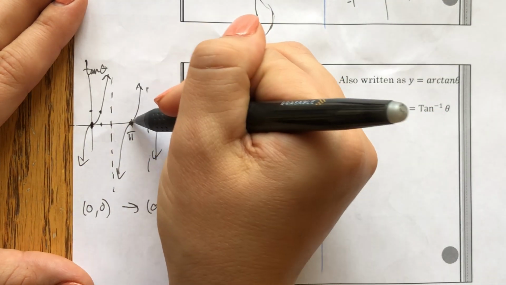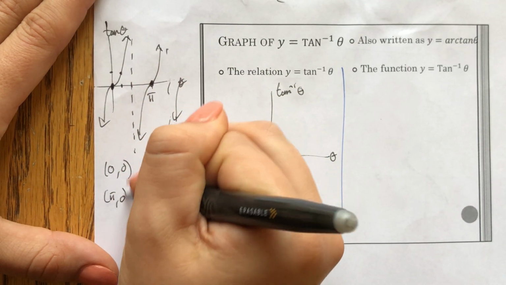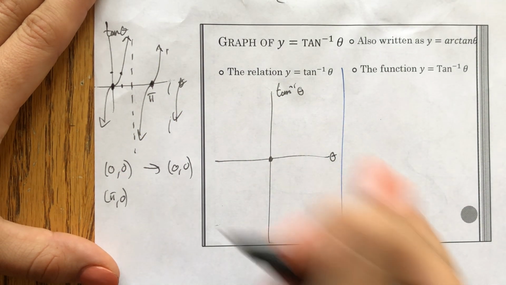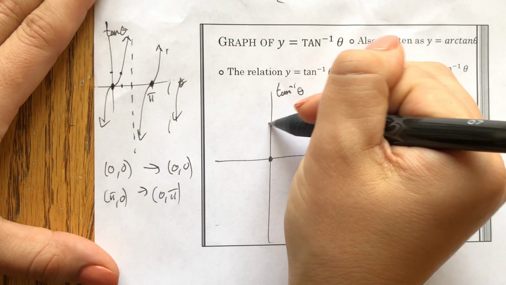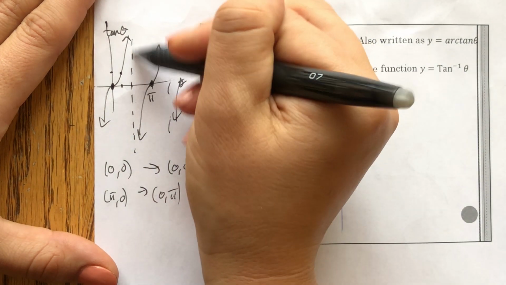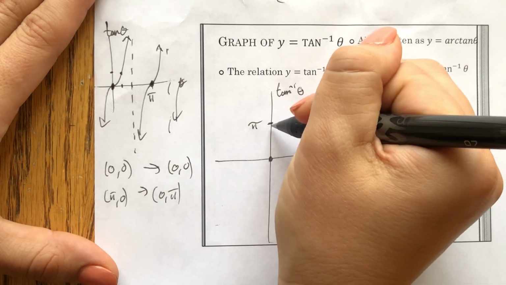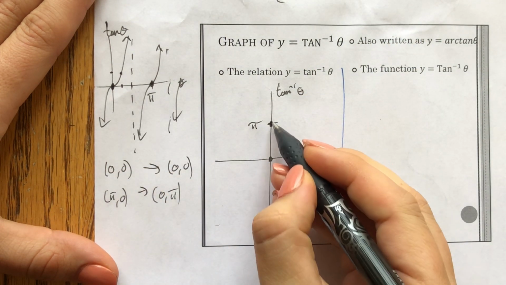So my next key point is pi, 0, right? Which will go to 0, comma pi. And then my asymptote is always halfway between my 2 key points. So these are my key points.